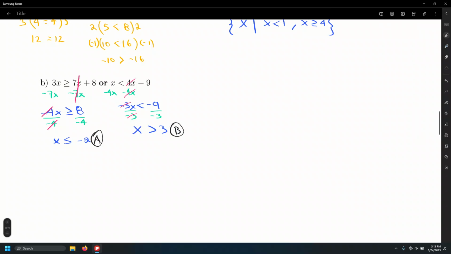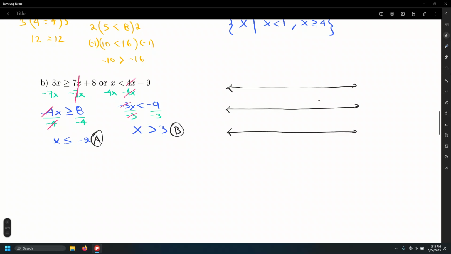Let's draw 3 number lines. Let's put the 0 in the very middle for reference to have a better number sense. Let's call these set A, set B, and A union B. Let me plot set A, which is all the numbers that are less than or equal to negative 2.